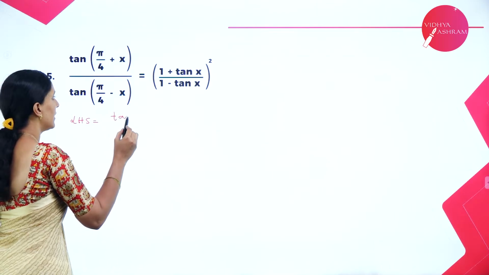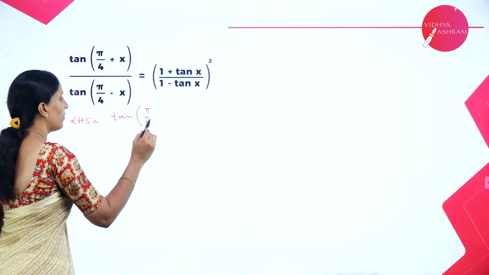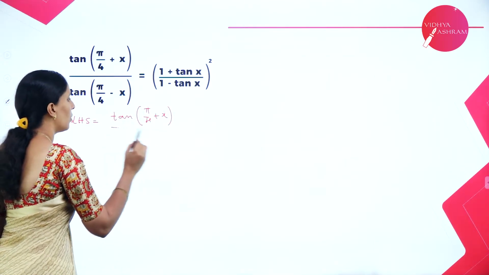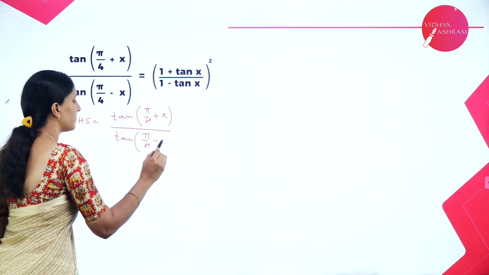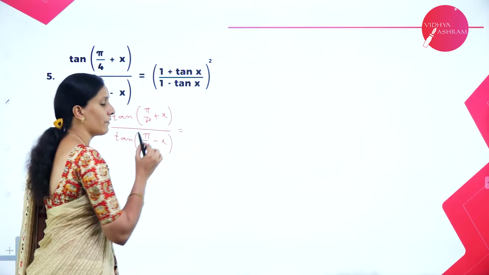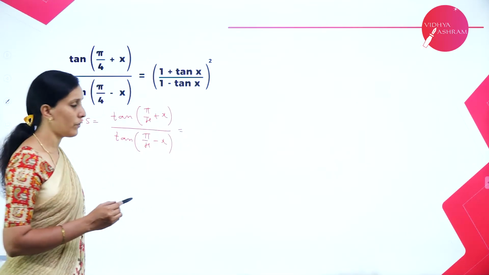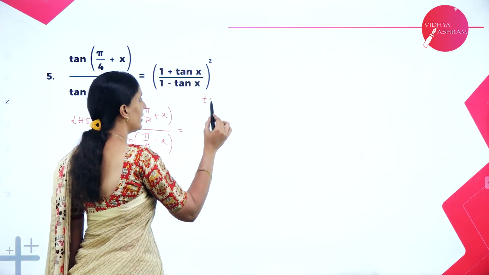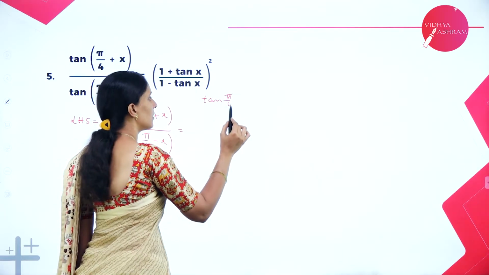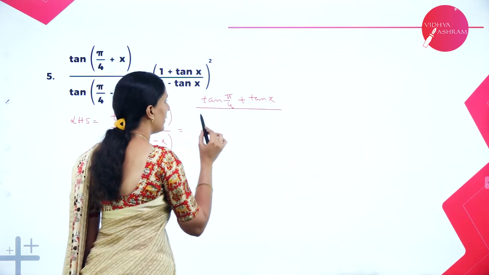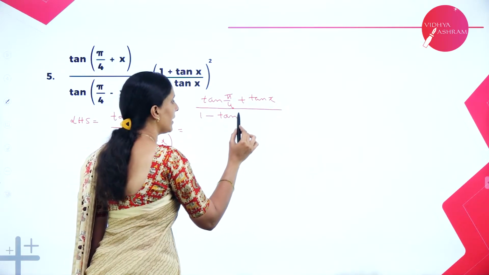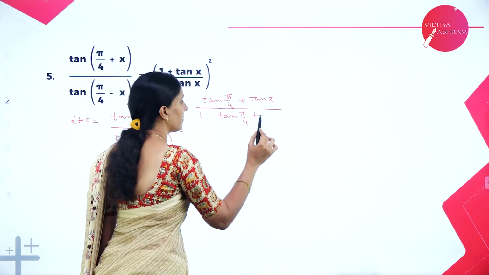This is tan(pi by 4 plus x) divided by tan(pi by 4 minus x). Now for the numerator, I will use the formula of tan(x plus y). So what is tan(x plus y)? Tan x plus tan y divided by 1 minus tan x tan y.